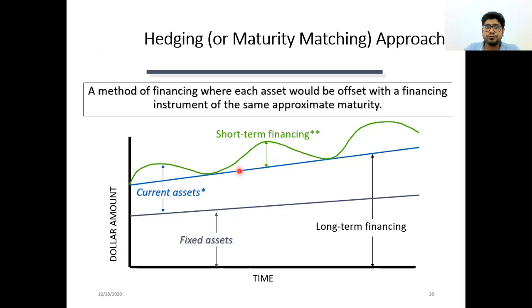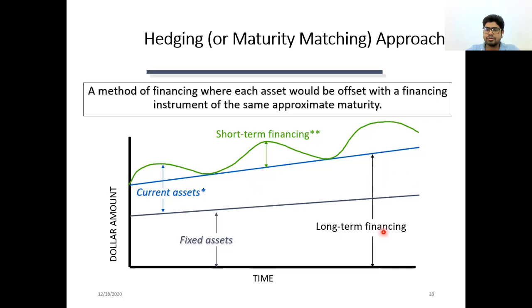This understanding is very, very important, right? Here, in the maturity matching approach, there are three approaches. We have studied that there are three policies A, B, C. I will explain what you mean by those three policies. There are three names for each policy, right? Here, you observe the permanent portion of current assets is financed by what source?